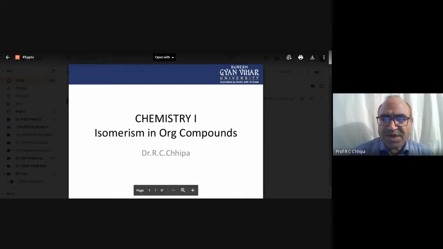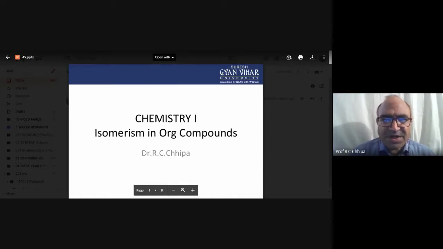Another concern is that the carbon atom is an exceptional element, and due to that, carbon compounds are more and more numerous at present.